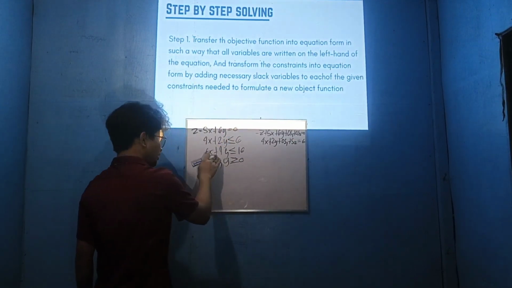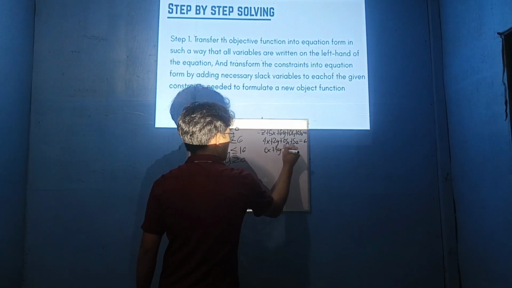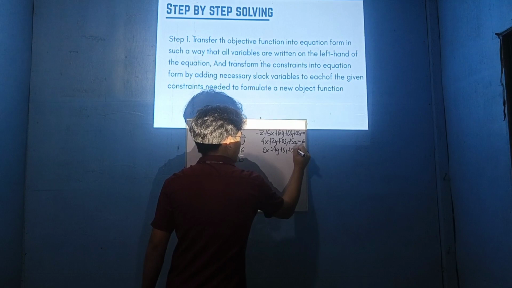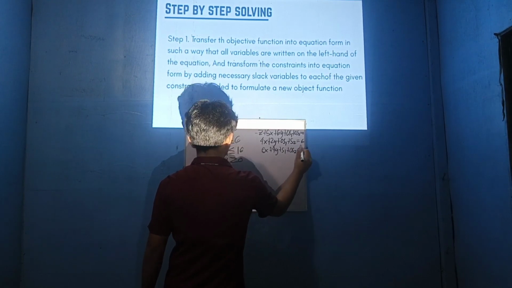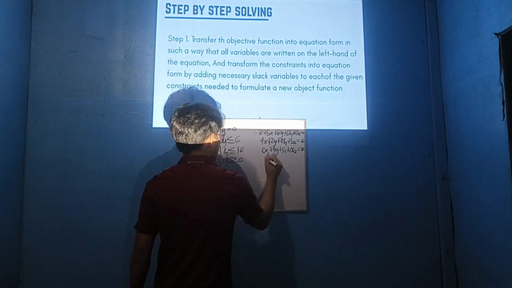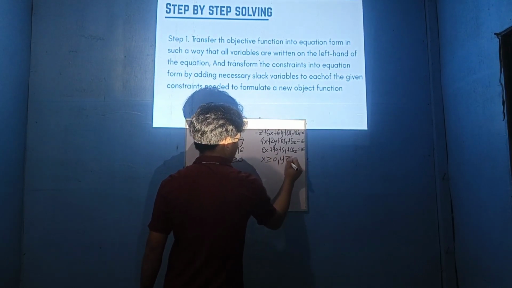And our constraint number 2 is 8x plus 4y plus 0 times slack variable 1 plus slack variable 2 equals 16. Our constraints number 3 and 4 are as is: x is greater than 0 and y is greater than 0.